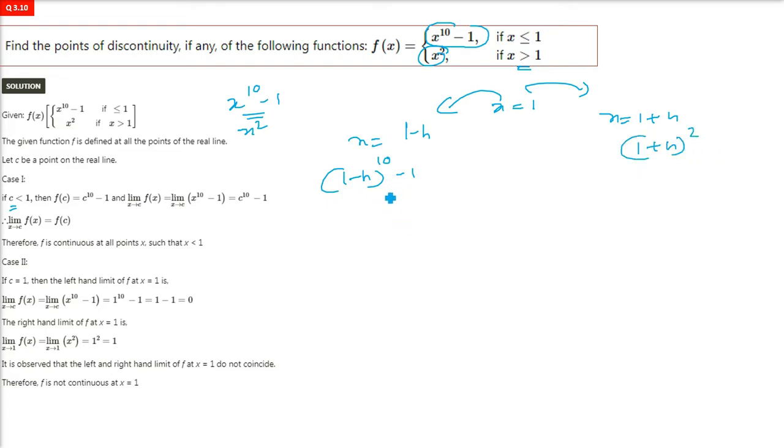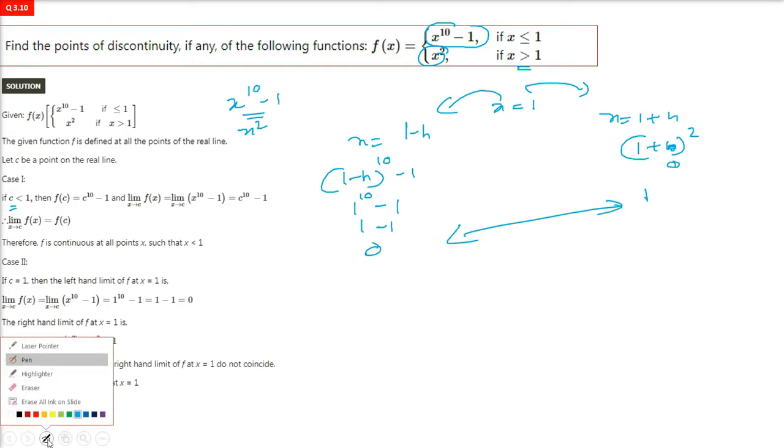Just put h as 0 here on both sides, so it will be 1 raised to 10 minus 1. So 1 minus 1 is 0. Here h is 0, so 1 square is 1. Now 0 and 1 are not equal. So would you like to find out the value of the function at 1? It is not required, but just for the sake of completion we will do it.